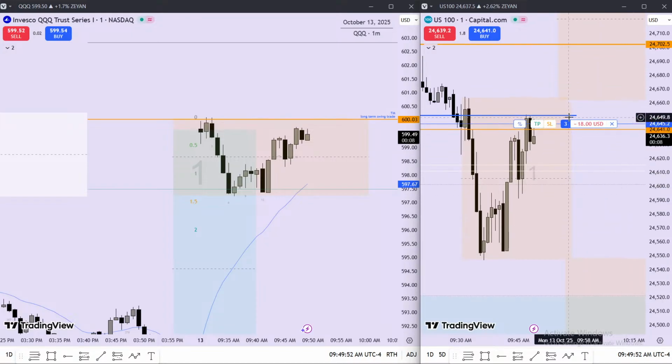My usual lot size is 6 contracts, so I'm taking three. I might add on to my position once we move above 664.